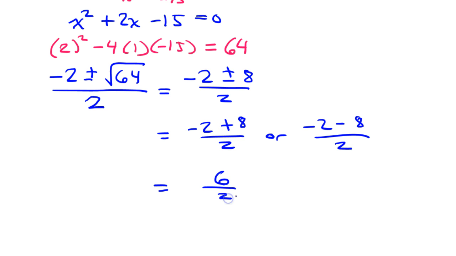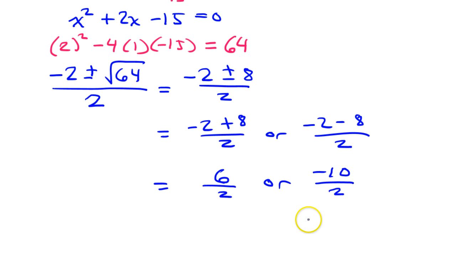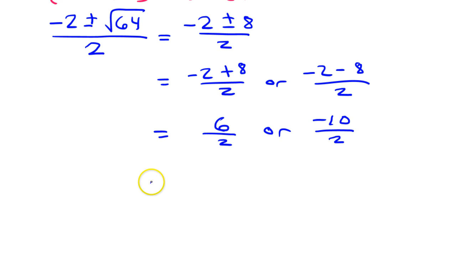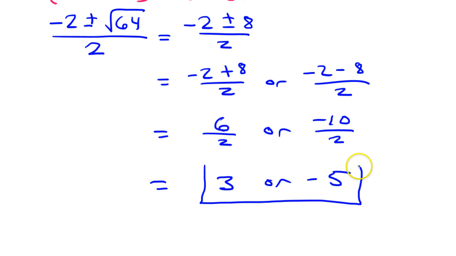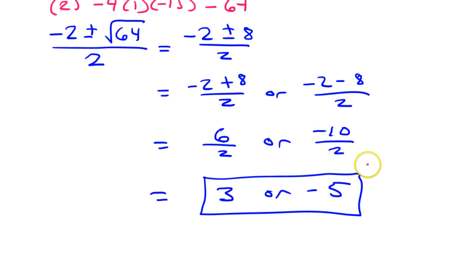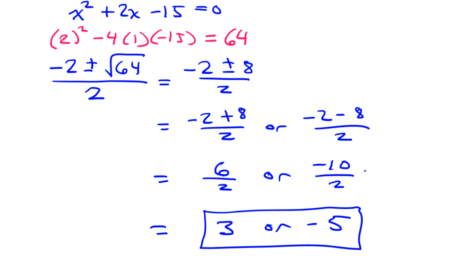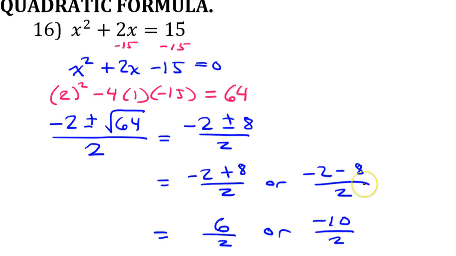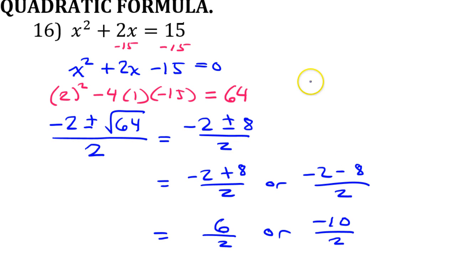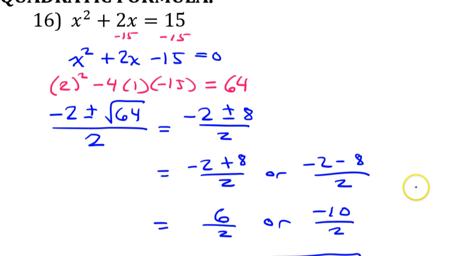So that's 6 over 2. Negative 2 minus 8, that's negative 10. Negative 10 over 2. 6 over 2 is 3. Negative 10 over 2 is negative 5. So this is the final answer for number 16, 3 or negative 5. Okay, and that is it for this test.